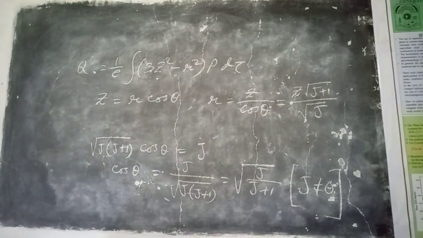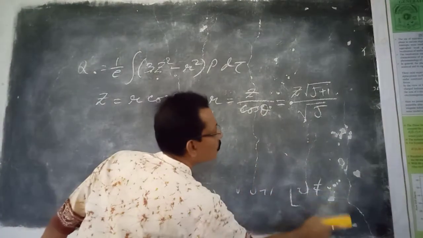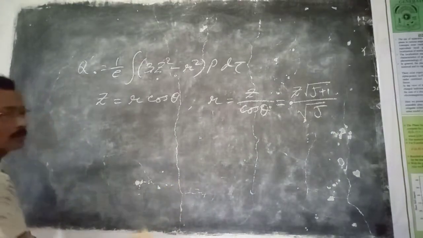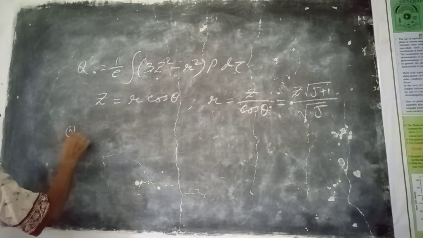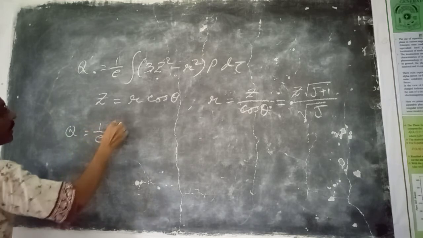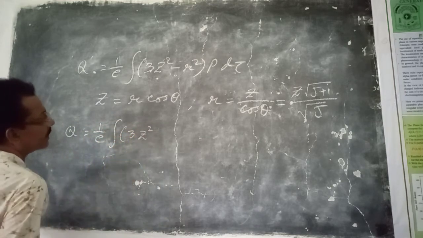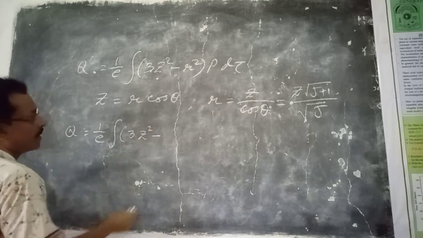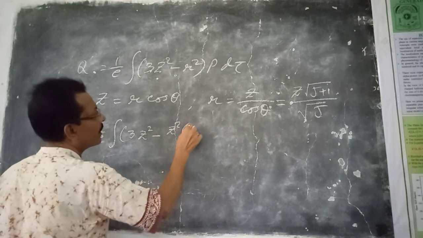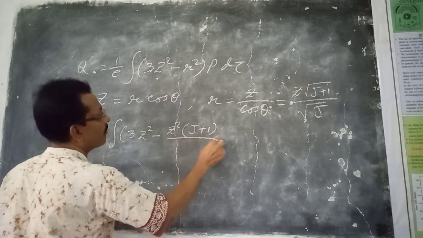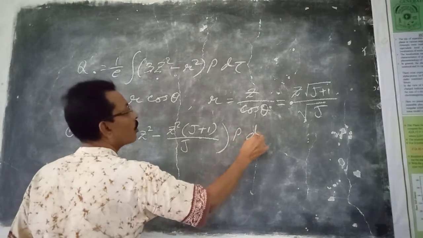So r square equal to, r square is here, so your Q will be equal to 1 by e, integral of 3z square minus r square. R square is z square times J plus 1 by J, rho d tau.